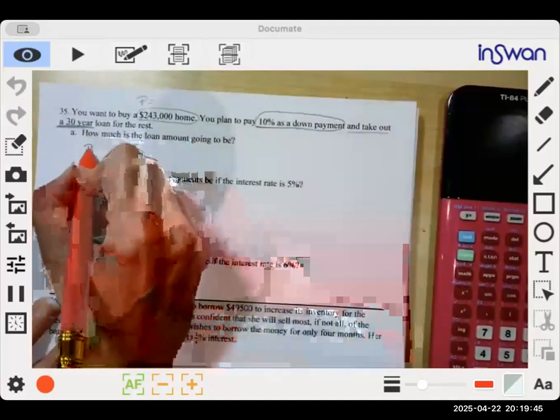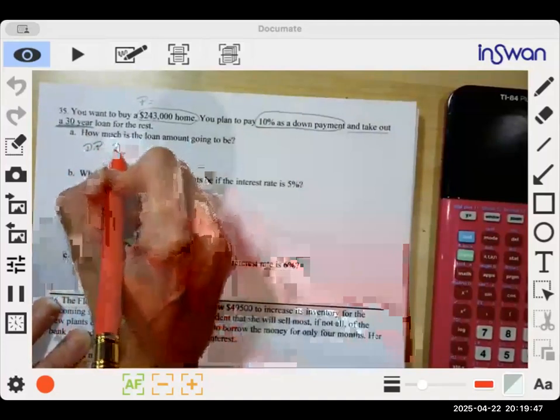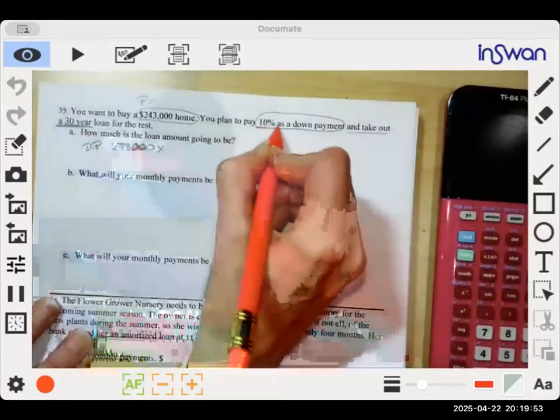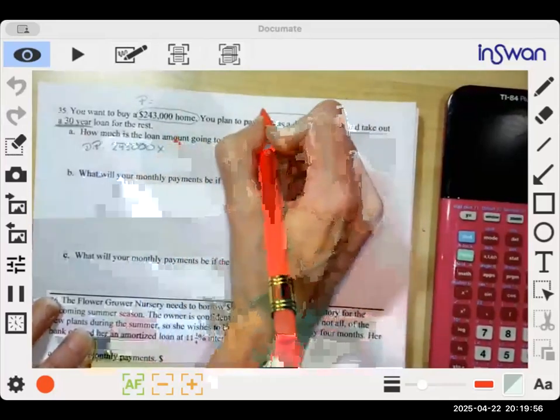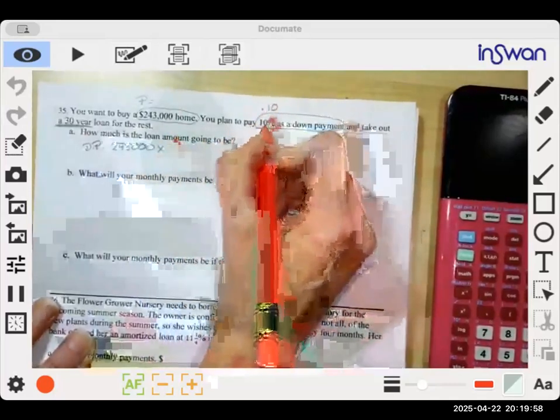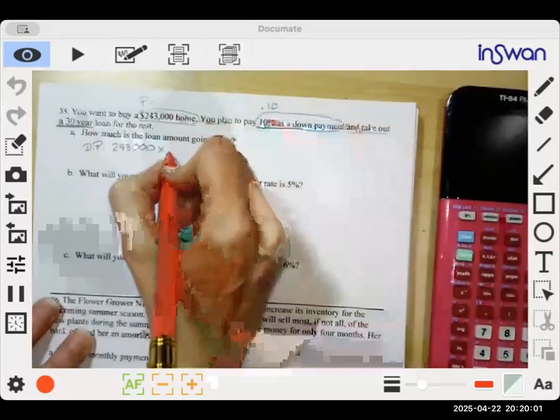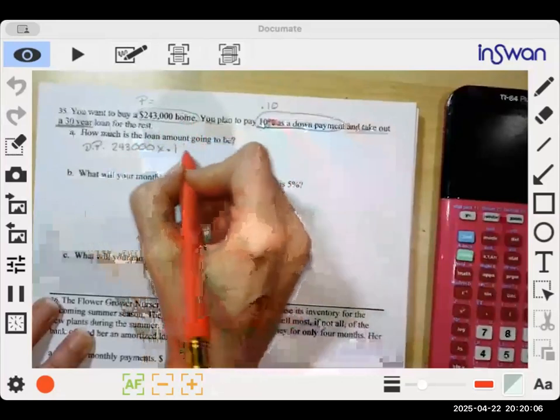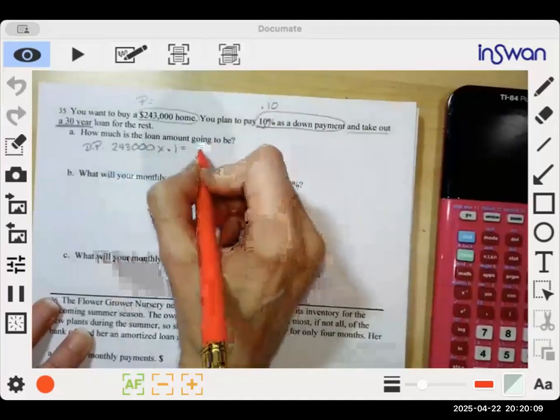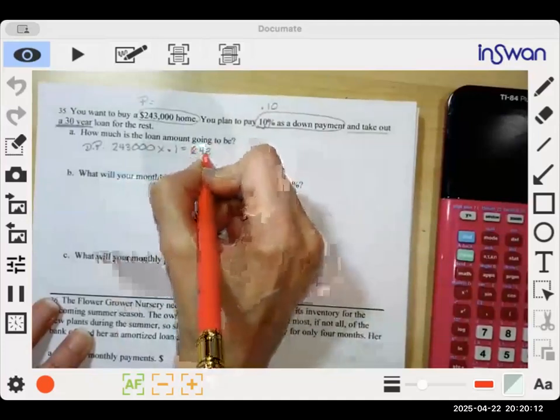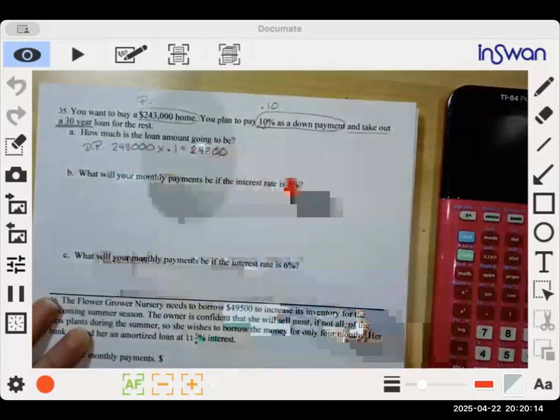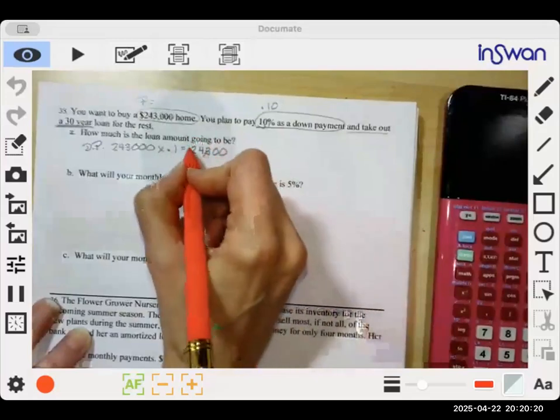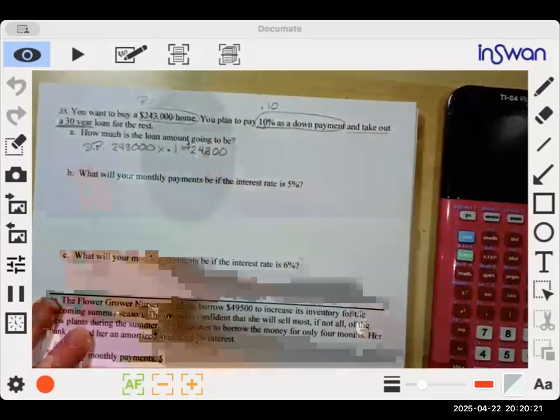So to get the down payment, we take the cost of the home times 10%, which is 0.10, move the decimal 2 times over. So we're basically just moving our decimal point over 1 time. So you have to come up with a down payment of $24,300.